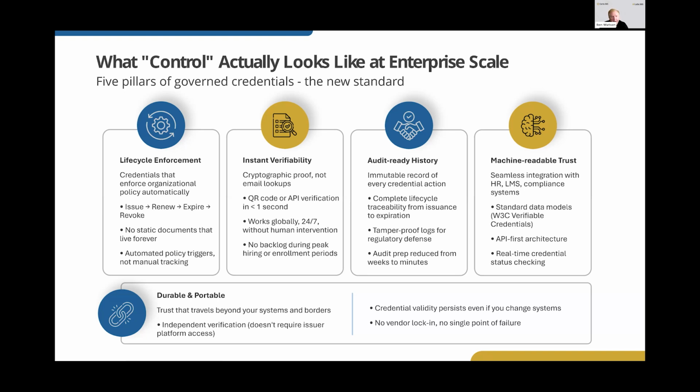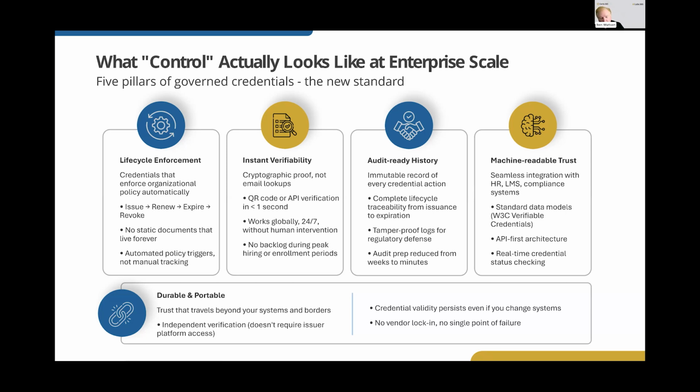Second pillar for the enterprise is I need to be able to verify these things quickly. I don't have time to go to Ben and say, Ben, can you email me that certificate of course completion from 6 months ago? You're seeing a little bit of the QR code.